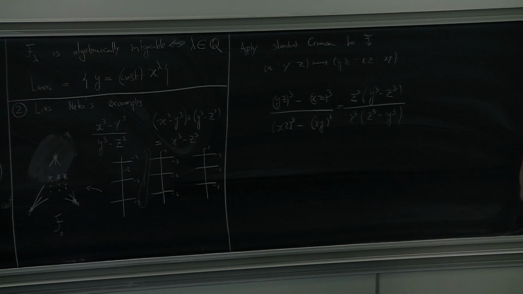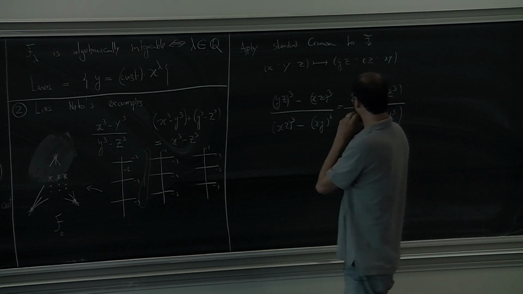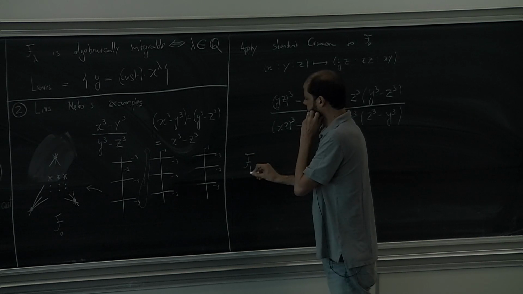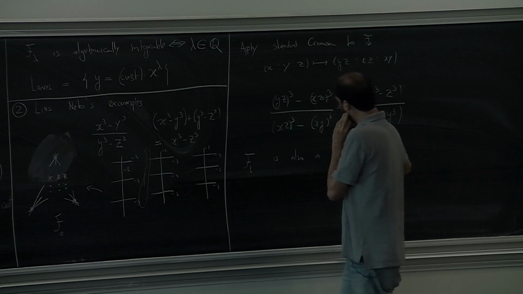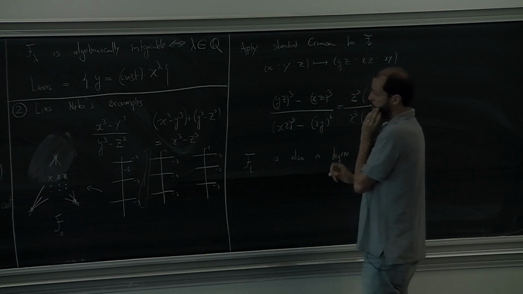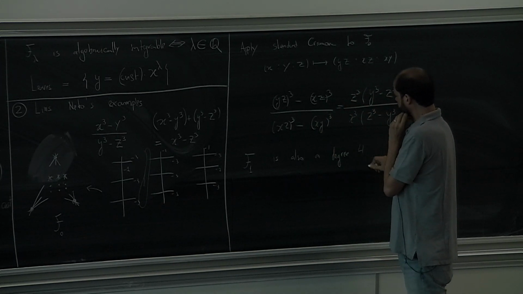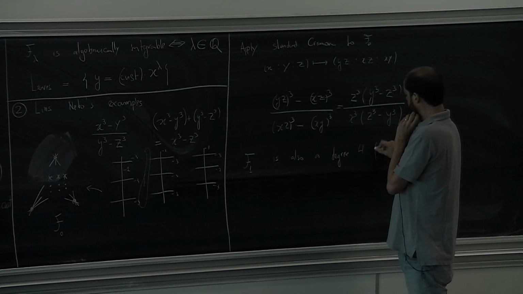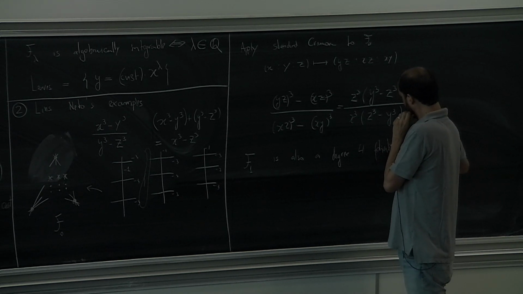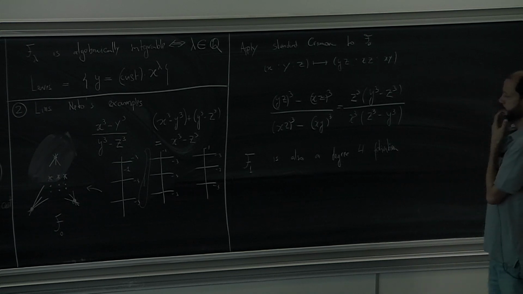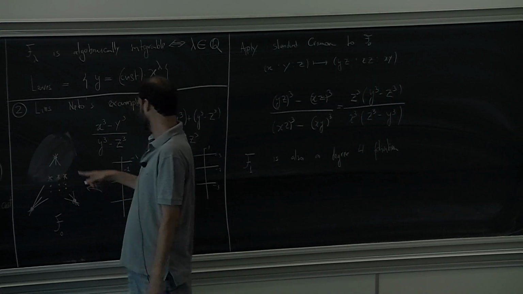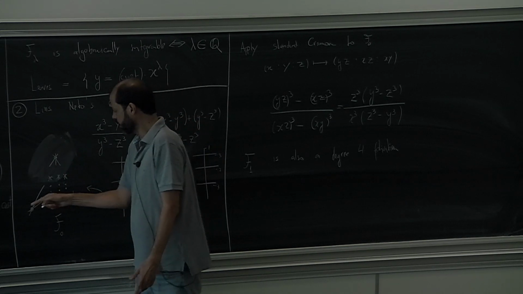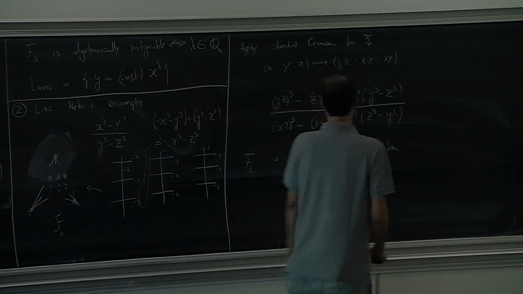Okay? And surprise, this foliation, let's call it F1, is also a degree 4 foliation, which leaves invariant the 9 lines that I just wrote here plus the coordinate axes, x equals 0, y equals 0.